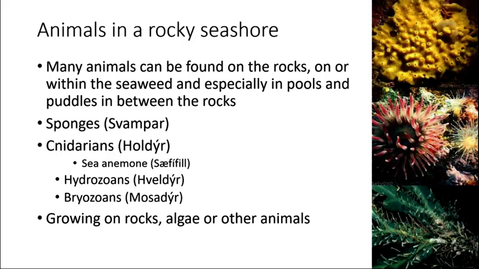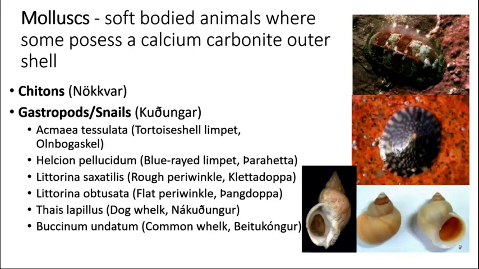Now, there are other types of animals that actually can move around, that live on the coast, such as molluscs. And molluscs almost dominate the coastal areas. Molluscs are soft-bodied animals, and some of those animals actually have an outer shell made out of calcium carbonate.